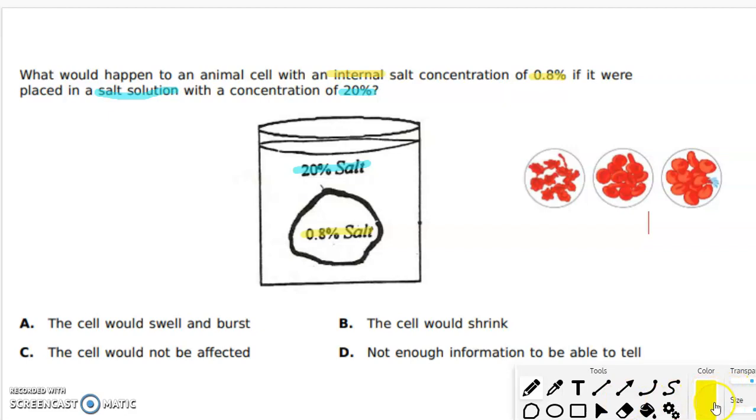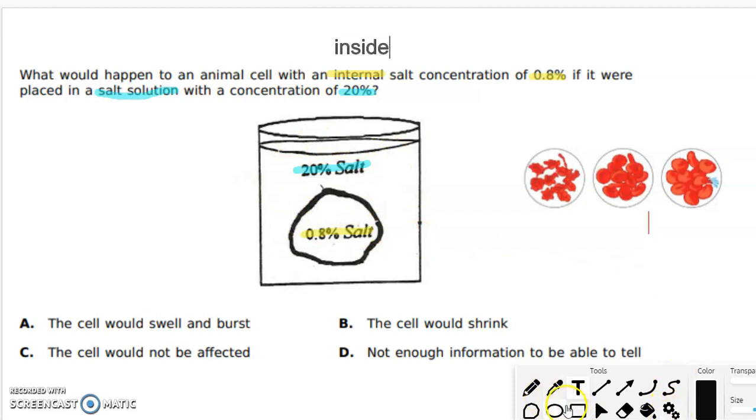Okay, something important to make sure that we understand, a word that we need to know, is right here where it said internal. Internal means inside. So if we look at this image, inside, internally, the salt concentration is 0.8%, and outside of it, we have a salt concentration of 20%.